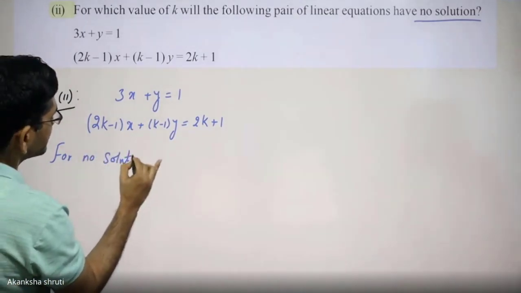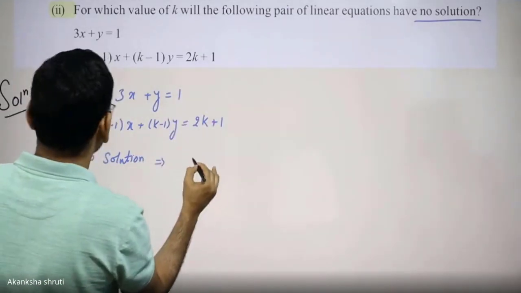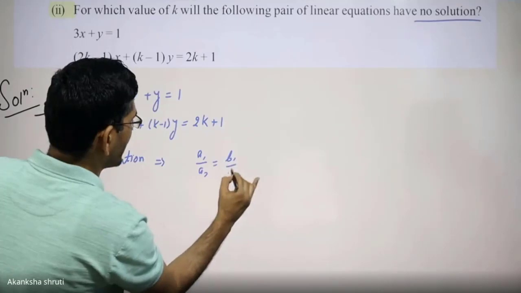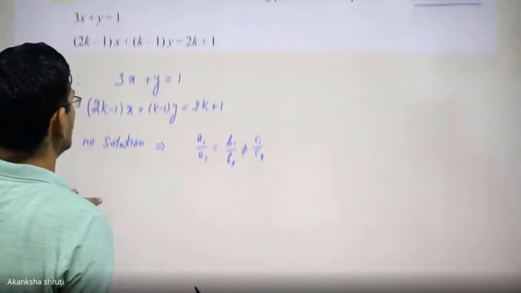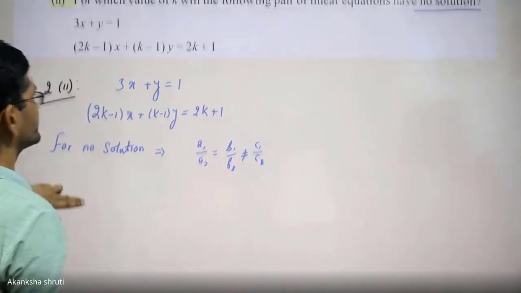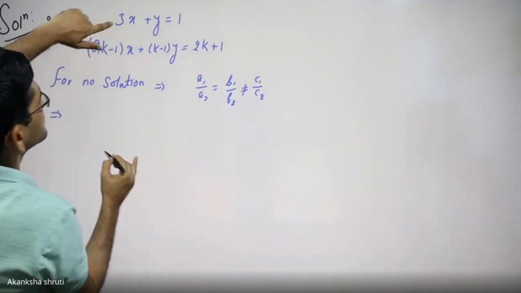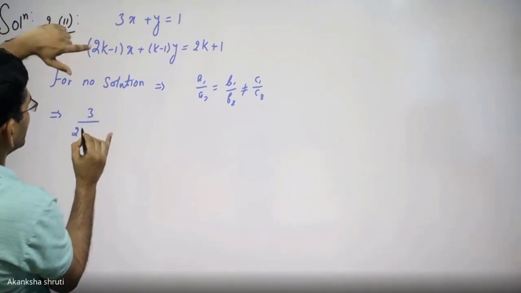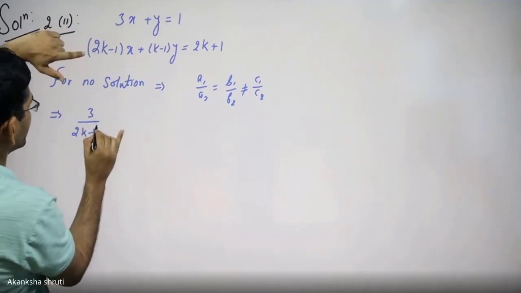So apply the criteria for no solution of this pair of equations. We have a1 by a2 should be equal to b1 by b2, but it should not be equal to c1 by c2. Here it is in terms of k, so I can use the smaller letters for a and b. Go for substituting. This implies a1 is 3, but a2 is 2k minus 1.